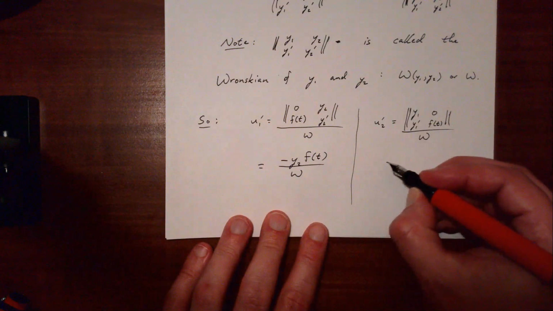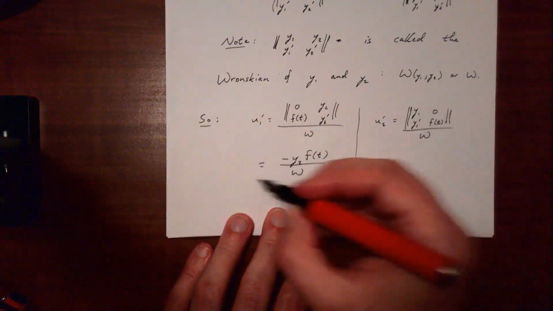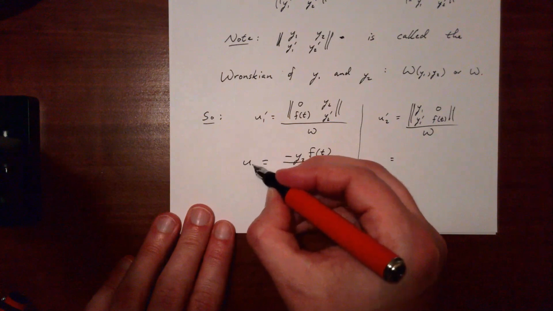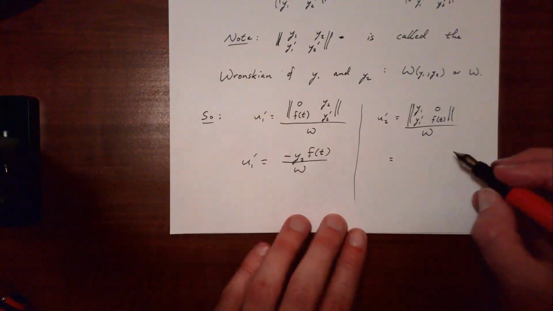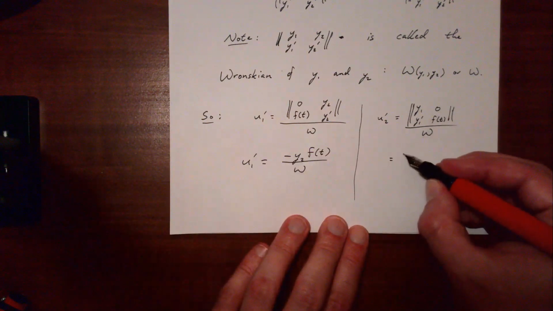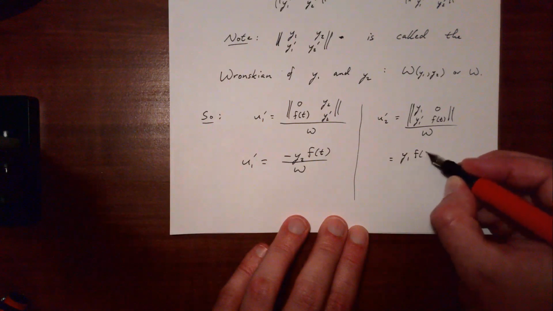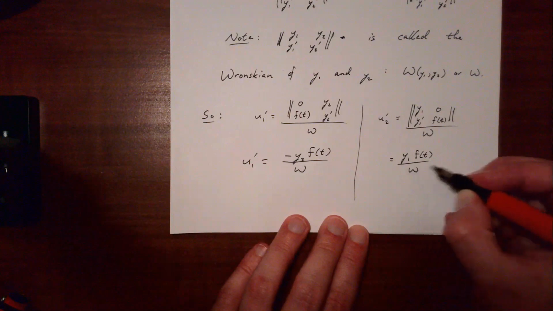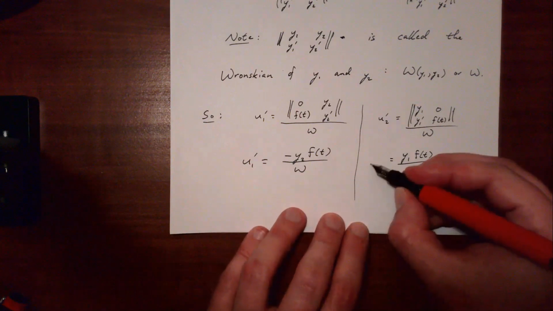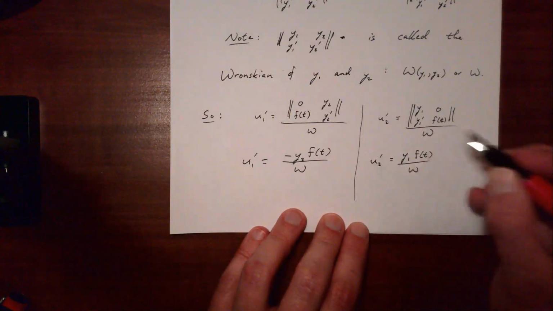And this one in turn will equal y1 f of t divided by W, and that's equal to u2 prime.